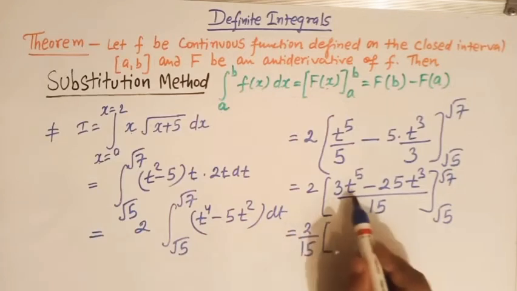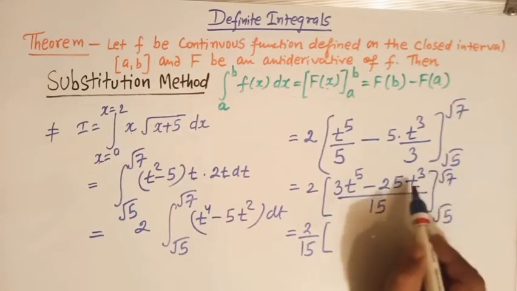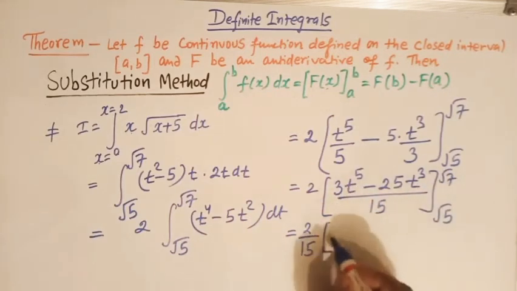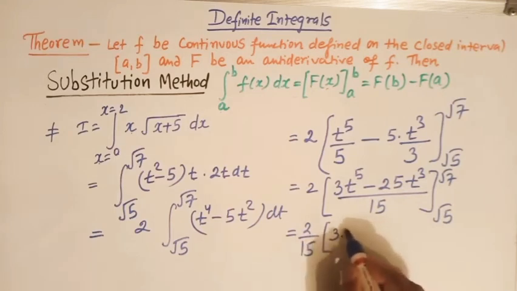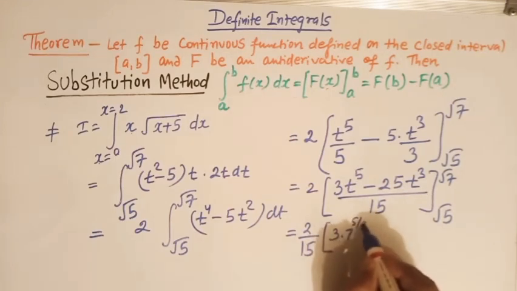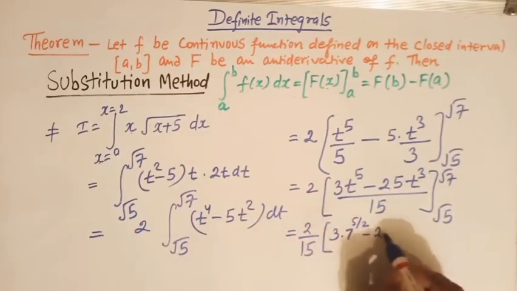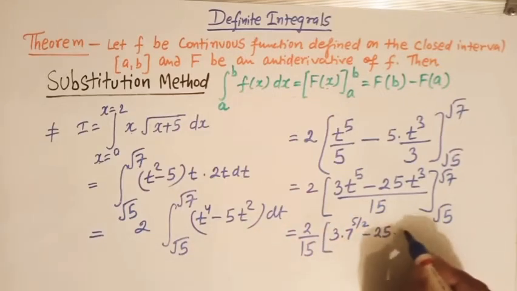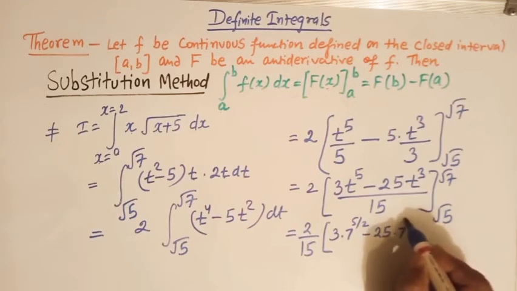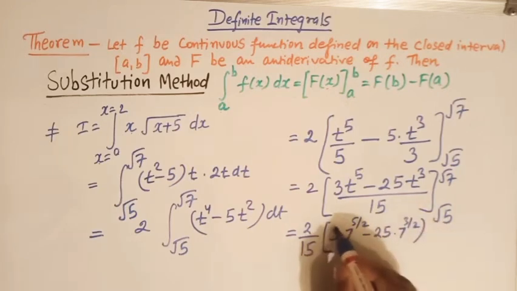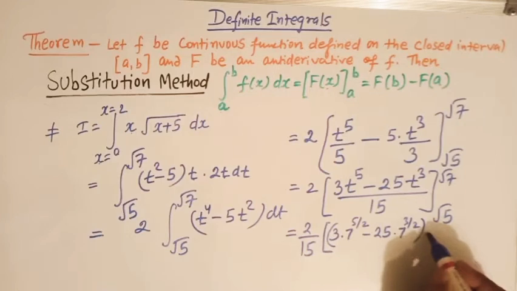Now first we'll substitute square root of 7 here. So we have 3 times 7 raised to 5 by 2, and then minus 25 times 7 raised to 3 by 2. Clear? Okay. Now we have minus sign, then we'll substitute square root of 5 here.